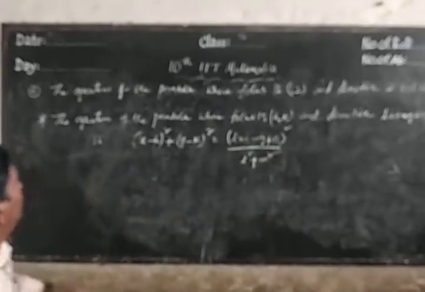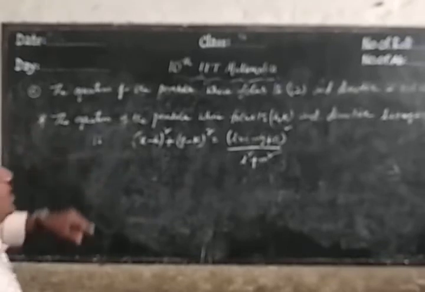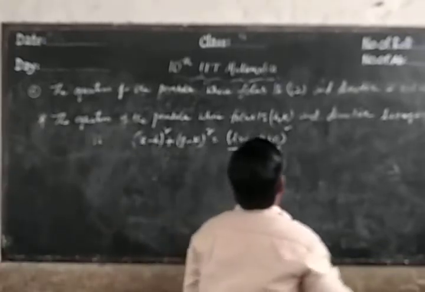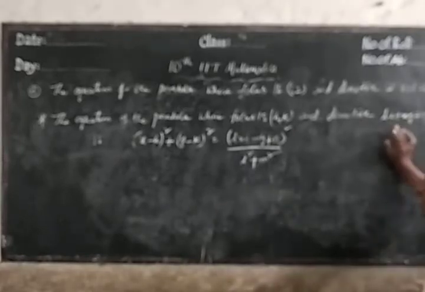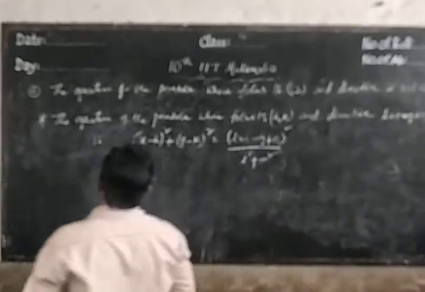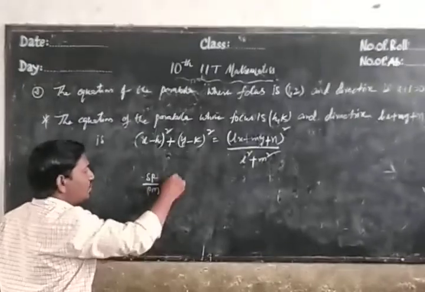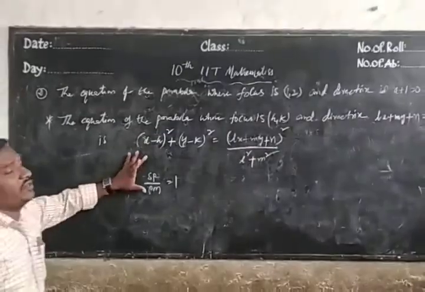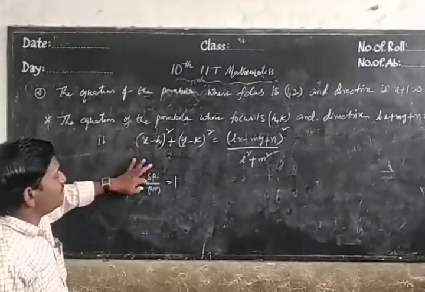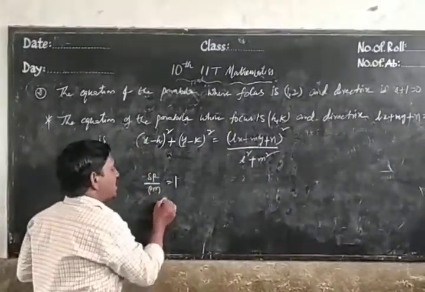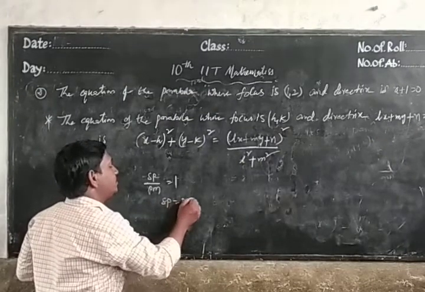The equation of the parabola where the focus is (h, k) and the directrix Lx plus my plus n equal to 0. We know that SP by PM equal to 1 for the condition of the parabola. So by cross multiplication, SP equal to PM.